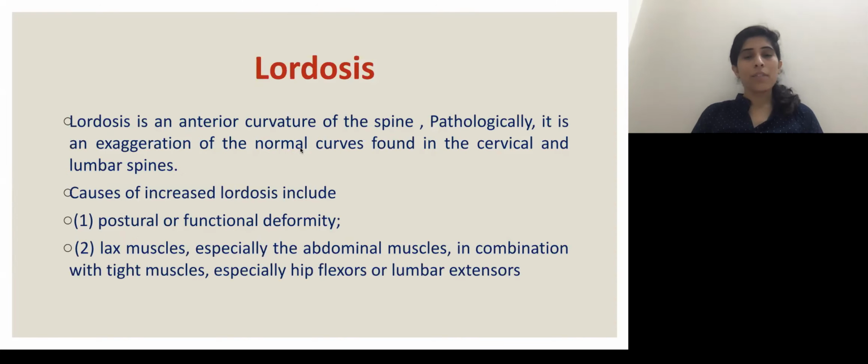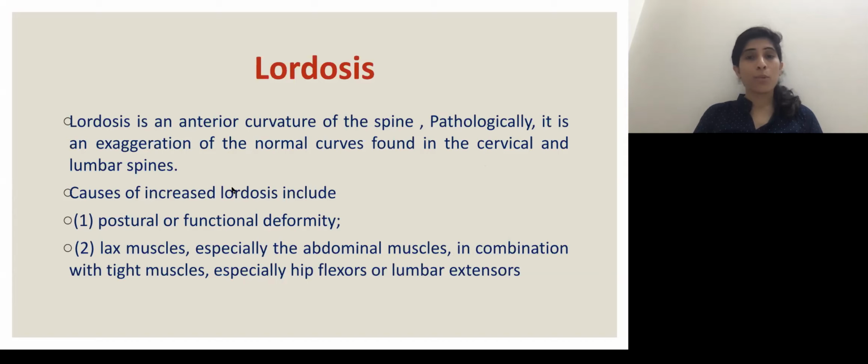So we'll start with lordosis. Lordosis is the anterior curvature of the spine, and pathologically it is the exaggeration of the normal curve found in the cervical and lumbar region. There are many causes responsible for excessive lordosis.